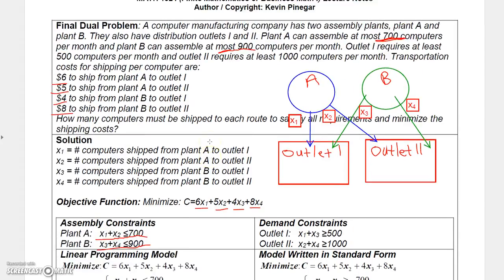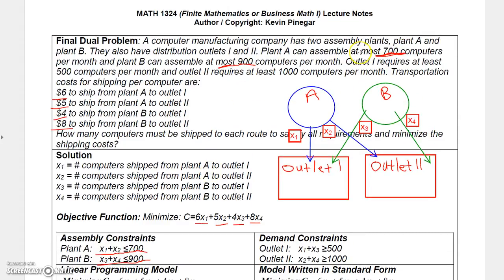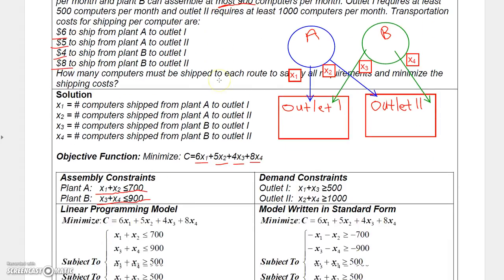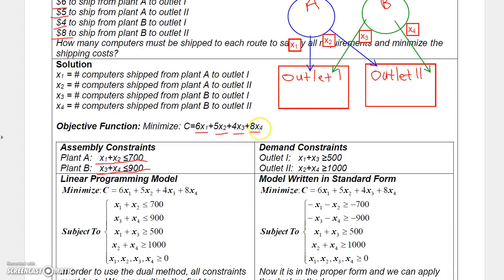You also have some demands. Outlet 1 requires at least 500 computers a month. Outlet 2 requires at least 1,000 computers a month. If you look at your outlets here, notice that they're receiving computers through two routes. Outlet 1 is receiving computers through the X1 route and the X3 route, whereas outlet 2 is receiving computers from the X2 and the X4 route.